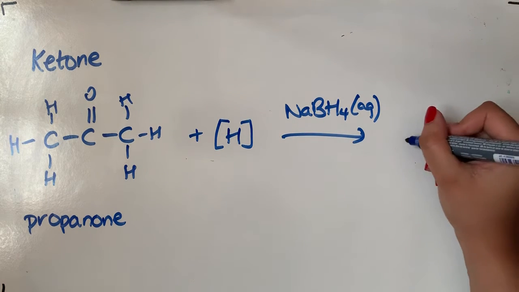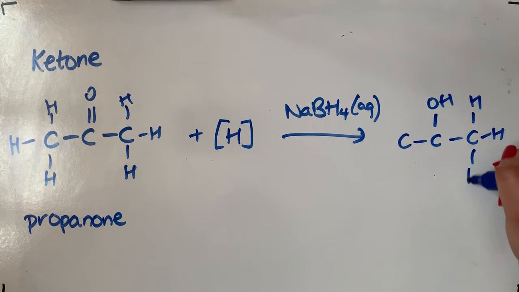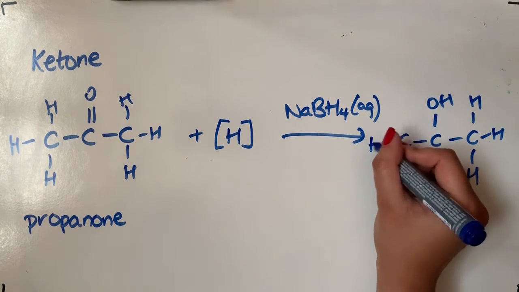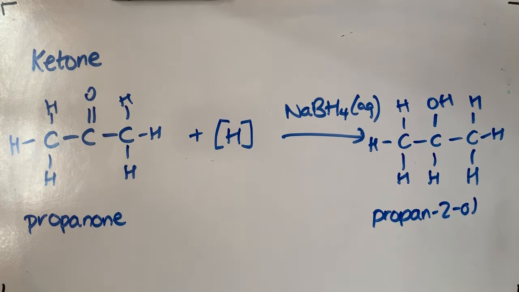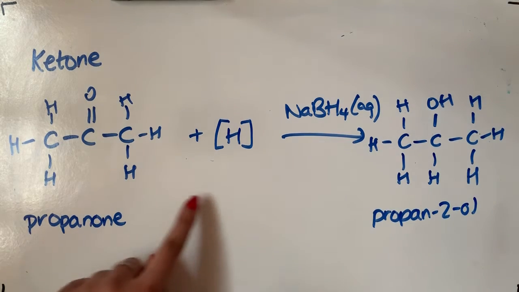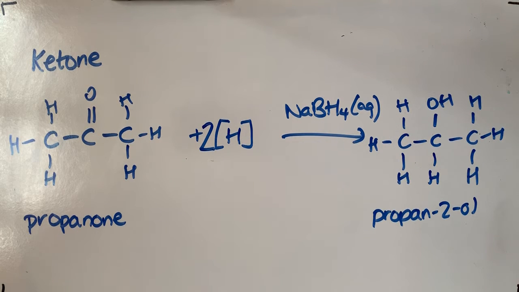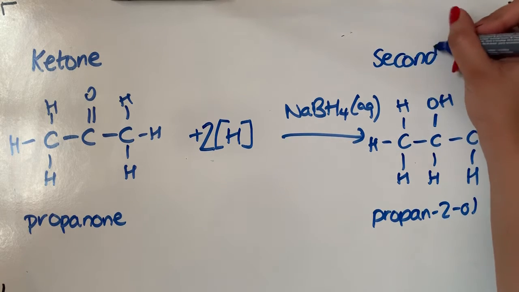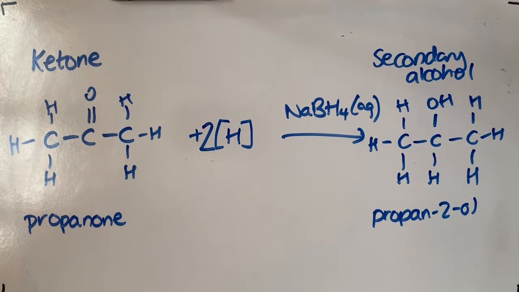So in this case, the corresponding secondary alcohol, just make sure that the oxygen is still attached to the second carbon as it is over here. So this one over here is propan-2-ol, like that. Okay, and again, just double check it's balanced. We've got 7 hydrogens here, we've got 8 over here, so therefore we need 2 lots of the reducing agent, like that. Okay, so ketones can be reduced back to their corresponding secondary alcohol, like that.